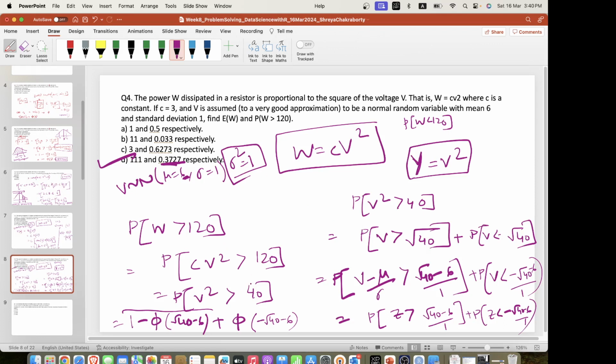The change would have been reflected here. The same thing would come from here. It would be probability w less than 120.